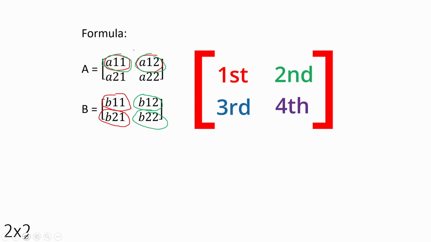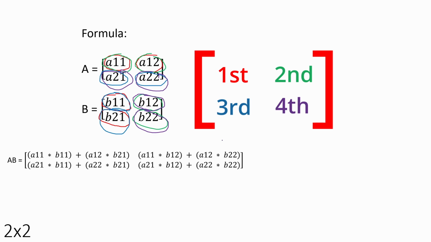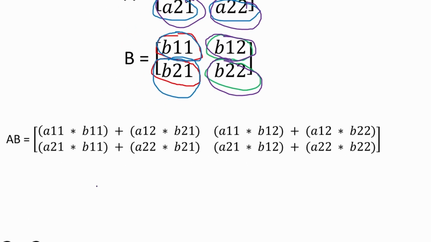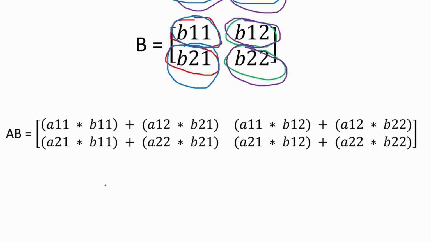Next, we do the second row. This element times this element, and then this element times this element. So the visualization will be like this. This is the formula to calculate multiplication between two matrices.